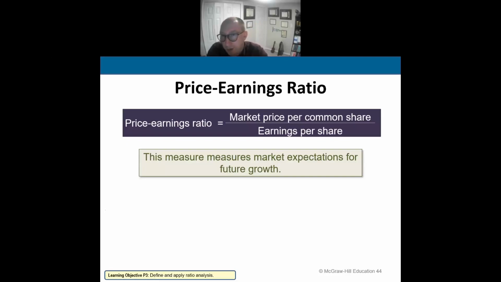We take the market price per common share divided by earnings per share. Earnings per share is usually posted at the bottom of the income statement. Market price per share, you'll find that typically on the balance sheet under equity.